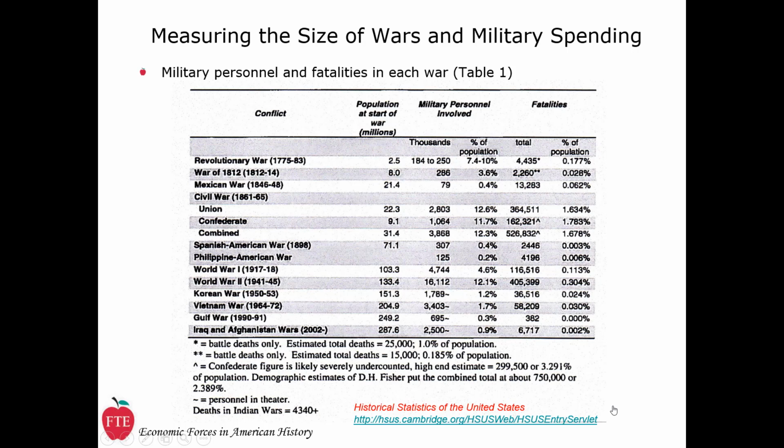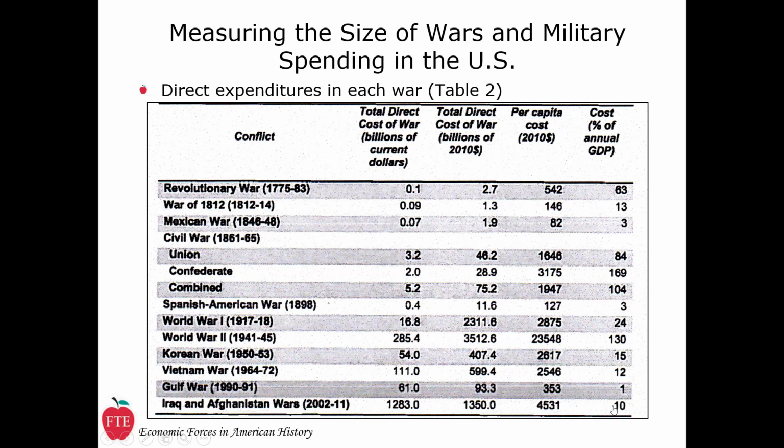Now, Table 2 puts things into more economic terms for each one of the wars. We're going to look at the direct costs of the war. That's how much money is being spent, checks written out by the government to fund the war effort. And then converting all of those dollars from their dollars, which is the first column, into more recent dollars, dollars from just a few years ago, which are pretty similar to today's dollars.